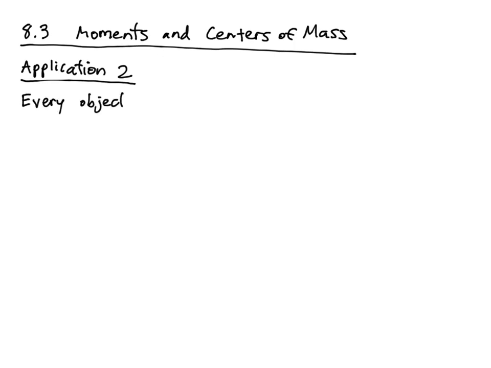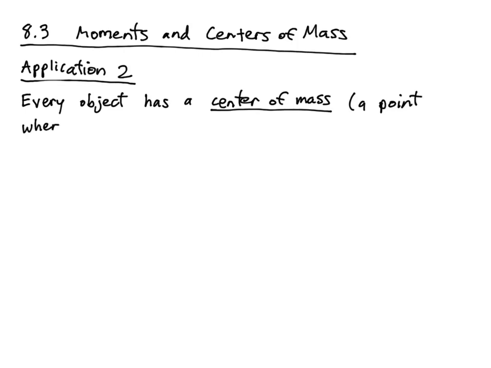You've probably heard of the word center of mass before. Every object has what we call a center of mass. The way we define this is a point where we can consider all of its mass to lie.